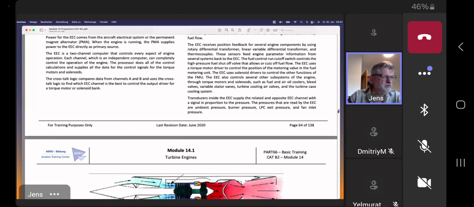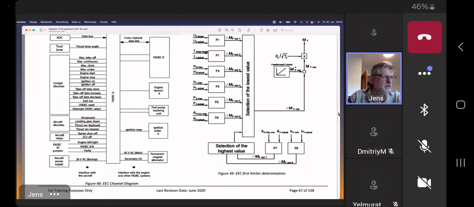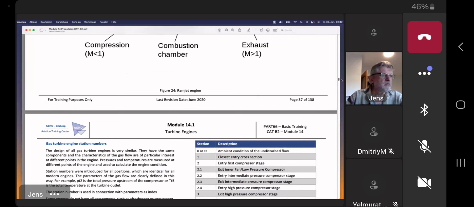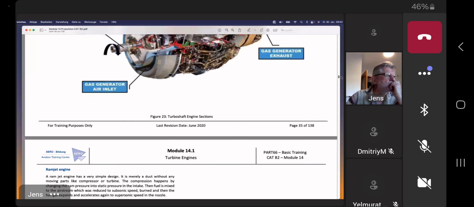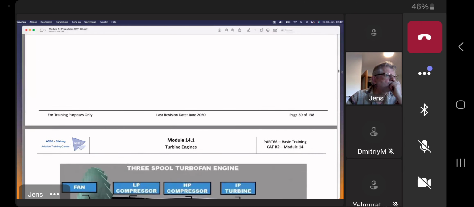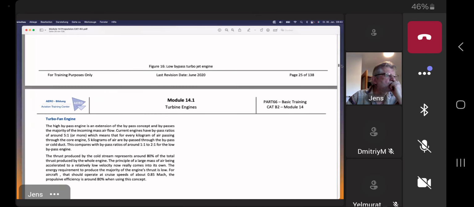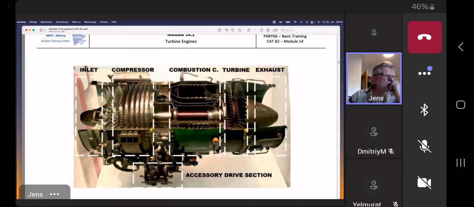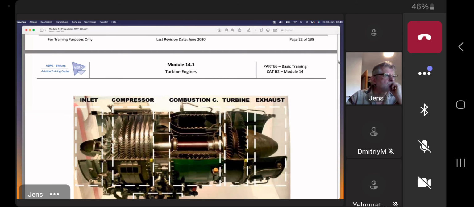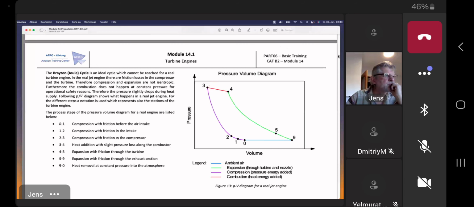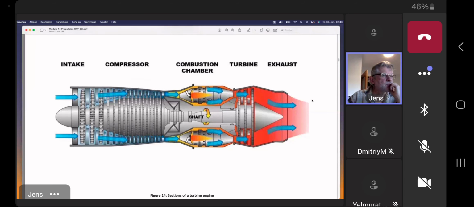Fuel control, this is near the end. There's something missing, I'm sorry. Strange. Okay. But with your experience, you know most things already.